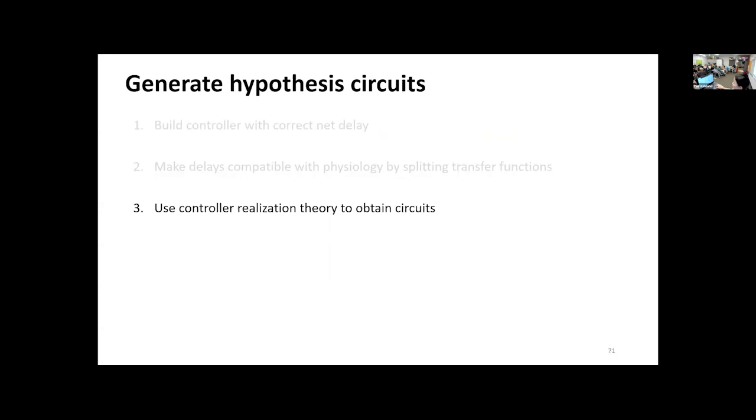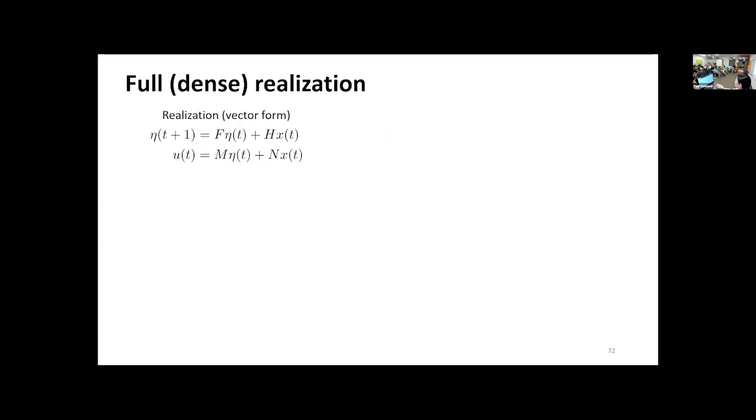Okay. Last and most fun step, use controller realization theory. So a controller, sometimes it's just a static gain, but most of the time it's also a dynamical system. So you can write the controller also as a dynamical system. It has some internal state eta, and then it outputs your U. If you're familiar with the other parts of control, this is like the Ax plus B equation, just with different letters, okay?